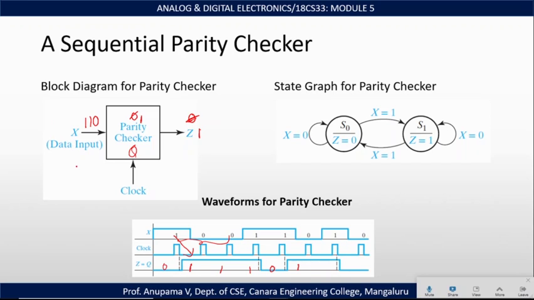Now we know one form of representing the circuit is a truth table, or you can understand the sequential circuit by waveform also. There is one more way of understanding or analyzing the sequential circuit, that is the state graph.